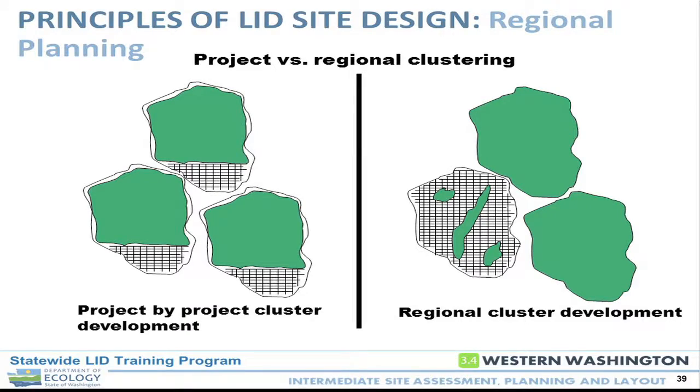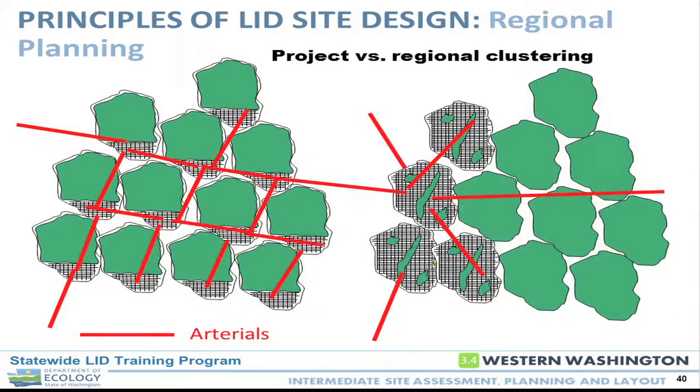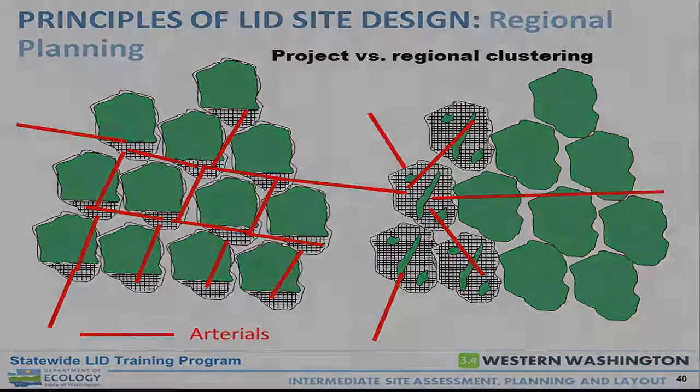Okay, but that's not the only thing we need to think about. Now let's project the road networks on top of those watersheds, looking at the 5,000 square foot lot in each watershed, as opposed to moving that development into particular subcatchments, and the impact that might have on the road networks. Again, significant and dramatic changes in how we approach that.